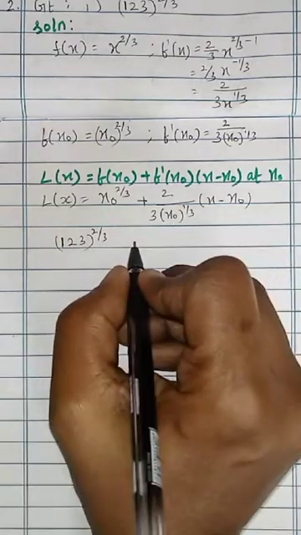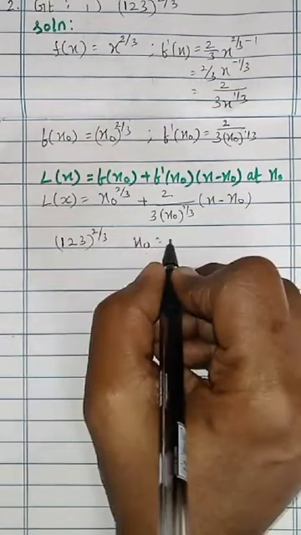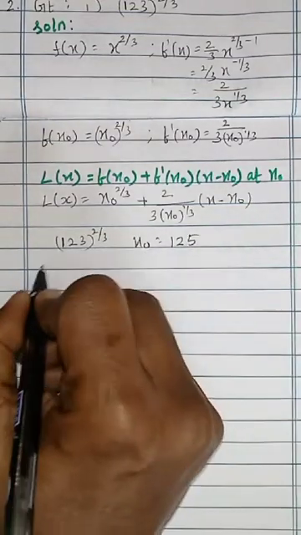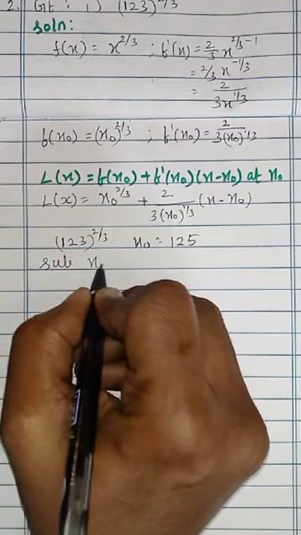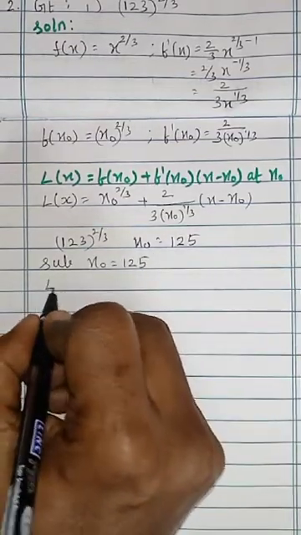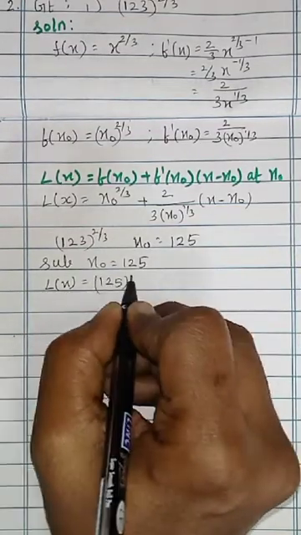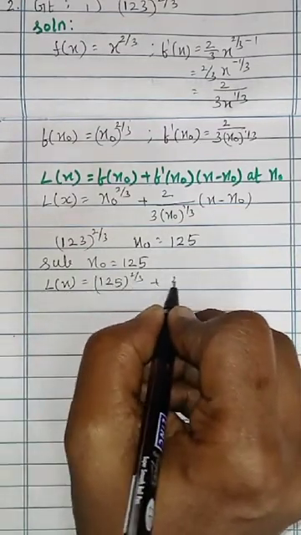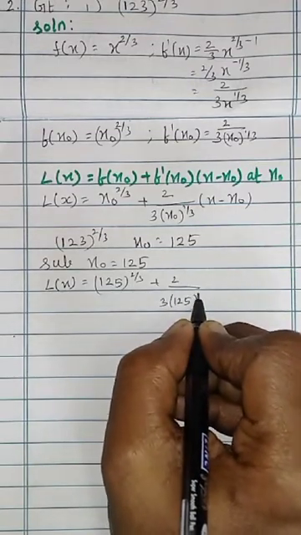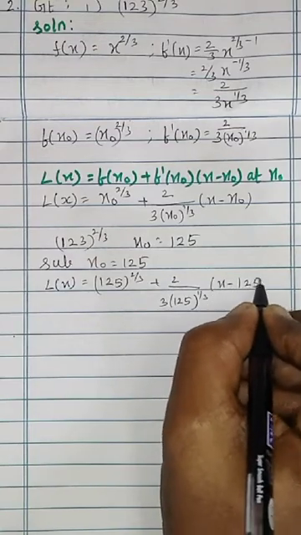The number closest to 123 is 125. So we are taking x naught equal to 125. We are substituting x naught equal to 125, correct? So L of x equals 125 power 2 by 3 plus 2 by 3 of 125 power 1 by 3 into (x minus 125).